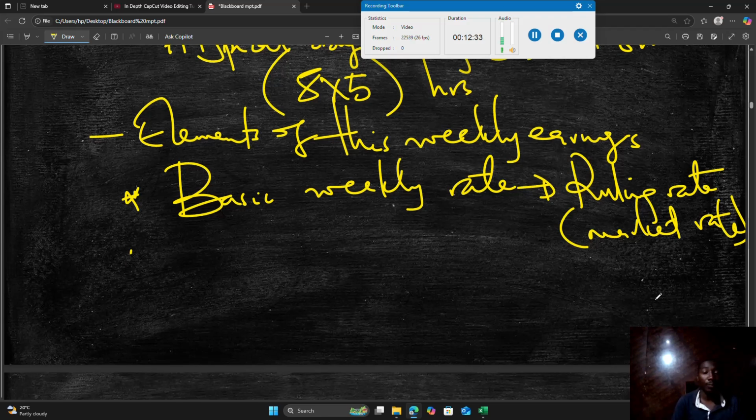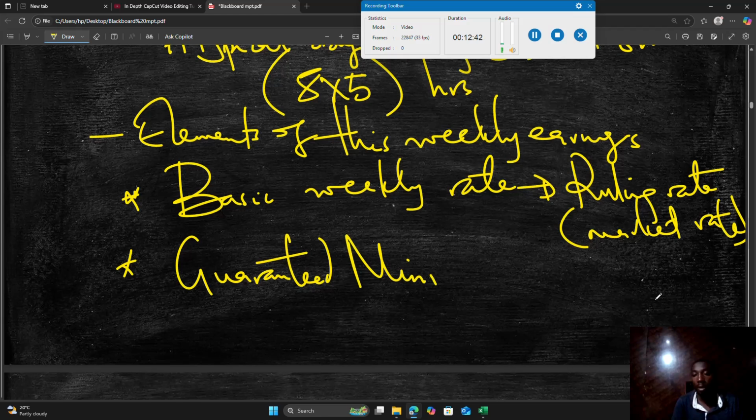And then we have what we call the guaranteed minimum bonus, GMB. This comes in as a statutory requirement.